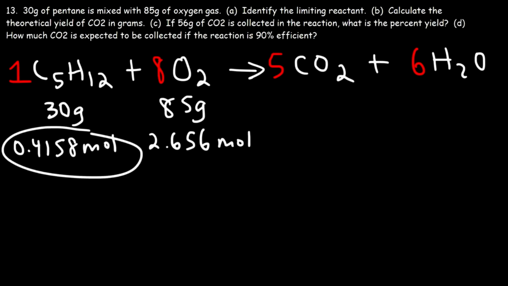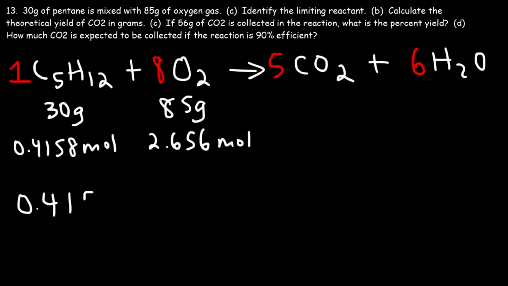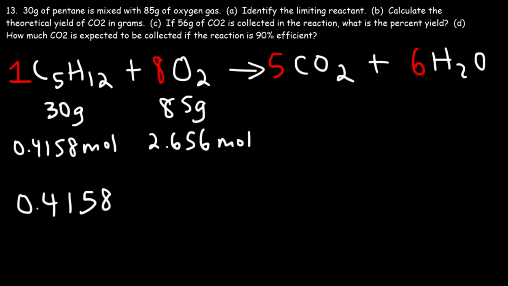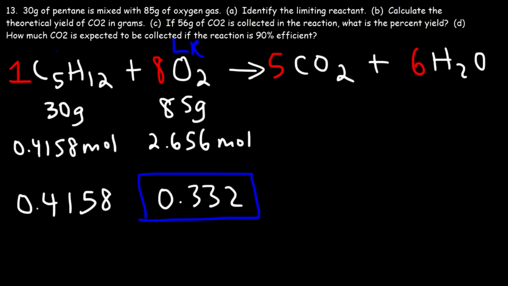For this number, we just need to divide it by its coefficient, which is 1. So we're just going to get 0.4158. This number, we need to divide it by 8. And so that's going to be 0.332. So O2 has the lowest mole per coefficient ratio, which means that it is the limiting reactant, and pentane is the excess reactant.